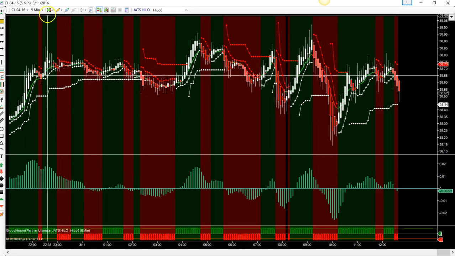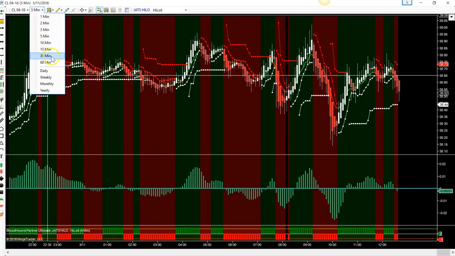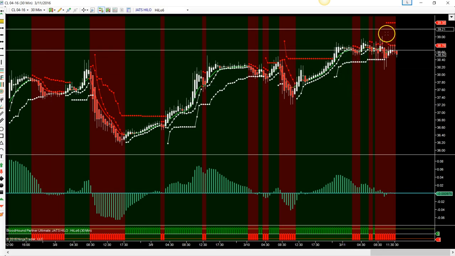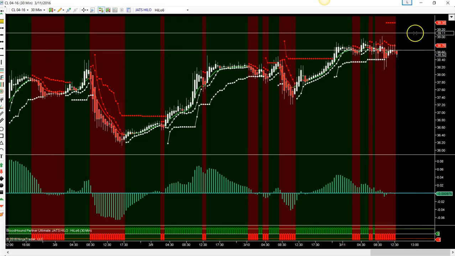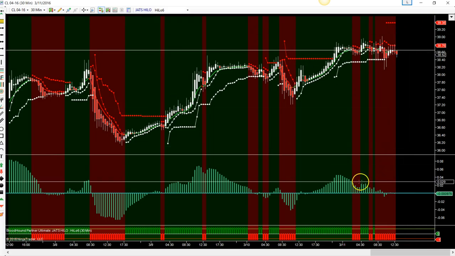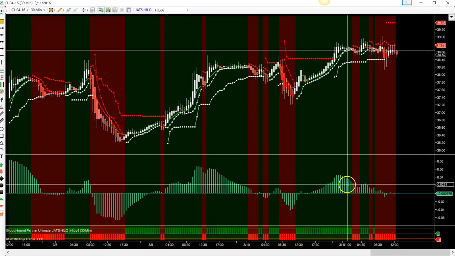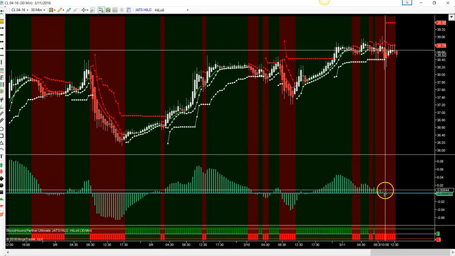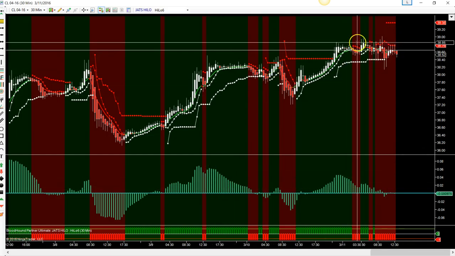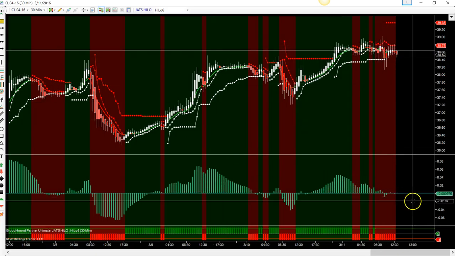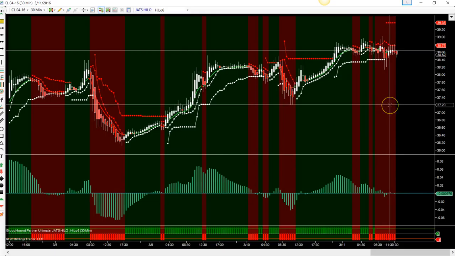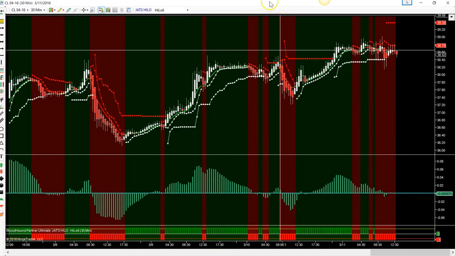I'm more of the theory that I rather the market break out and then come back to check that level and then take off again. But right now I am not getting a breakout momentum. We have a higher high, but a lower high momentum. So that tells me that we're probably going to come back and check a lower level.